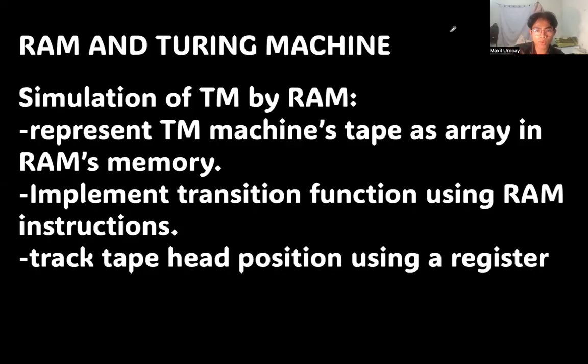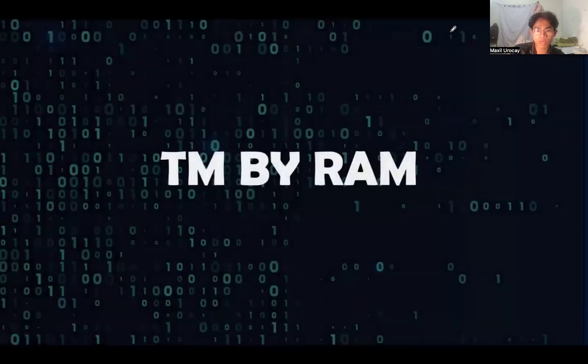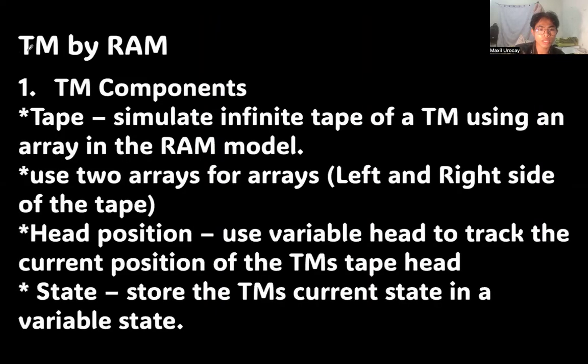Let's continue with the simulation. For the Turing machine by RAM, the first component is the tape. We can simulate the infinite tape of a Turing machine using arrays in the RAM model. We use two arrays, the right side and the left side of the tape.